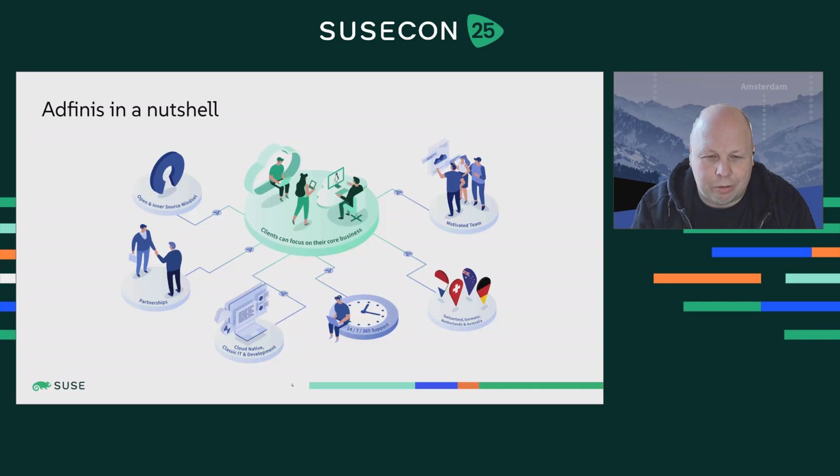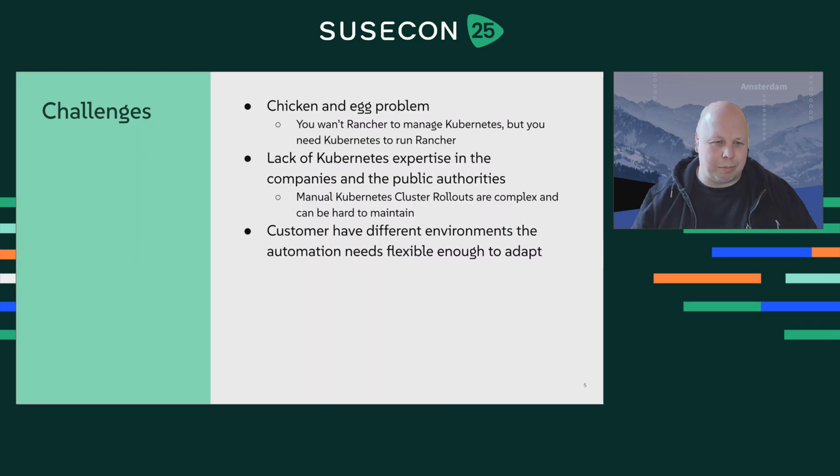We support all of their tools. We deliver 24/7 support with our colleagues in Australia. We have a motivated team who burns for open source and for all the new technologies. And now we're here to show you a little bit how we automate SUSE Rancher Prime.